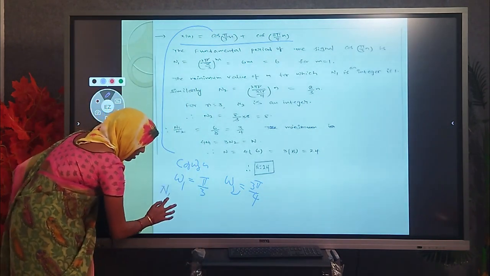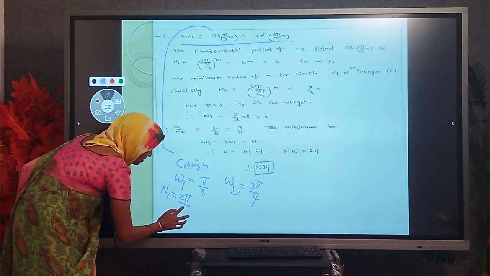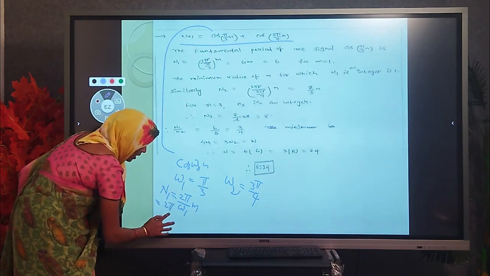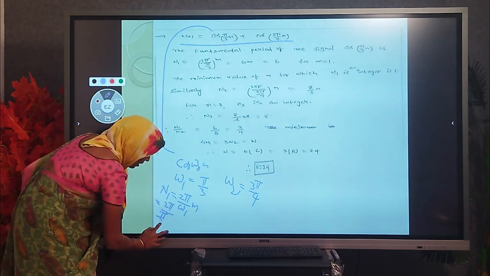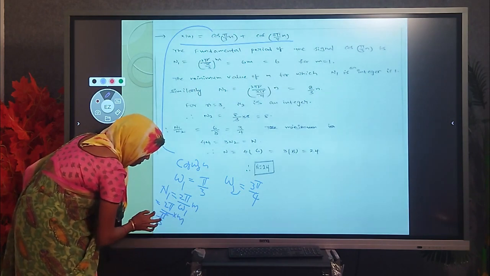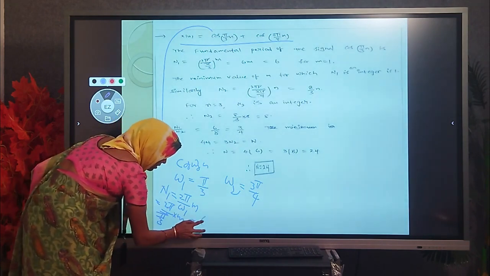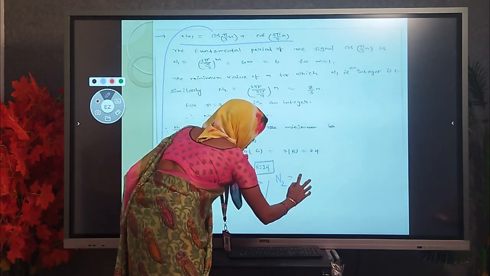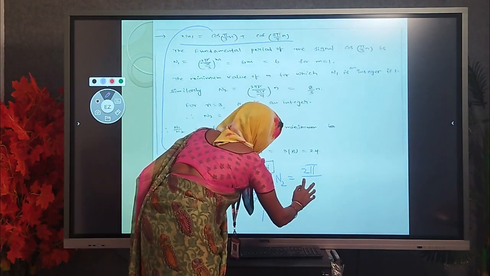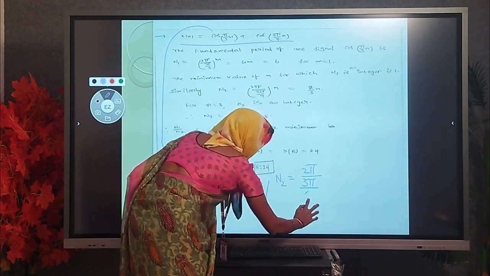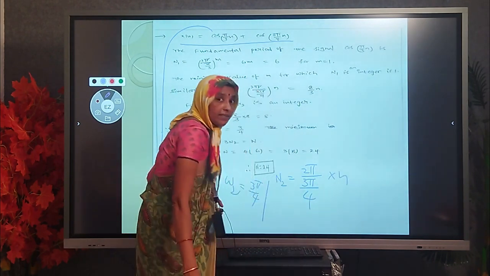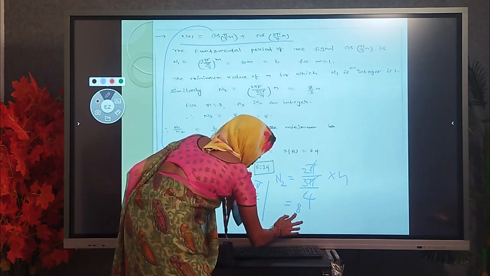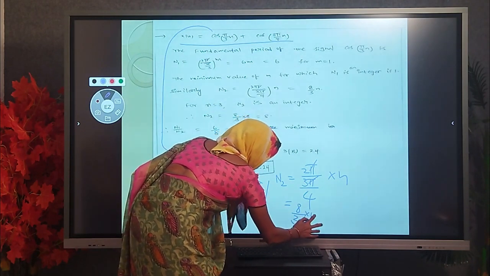Let us see about N1 and N2. So N1 is 2 pi by omega 1 into one integer value, that is 2 pi by pi by 3 into integer value. Pi cancelled. This is 6m. And N2 equals 2 pi by omega 2, that is 3 pi by 4, into one integer value. So pi cancels, simply its value is 8 by 3 into n.